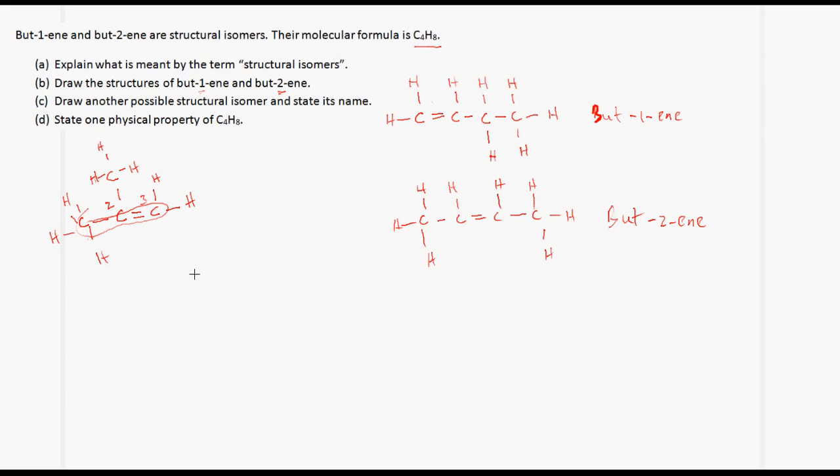So we know that it'll be propene, and this group here is called the methyl group. So therefore the name of this compound will be 2-methylpropene.